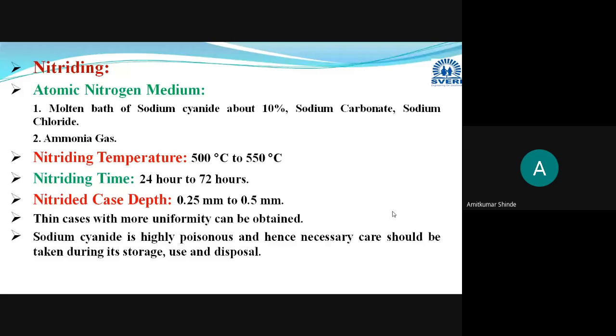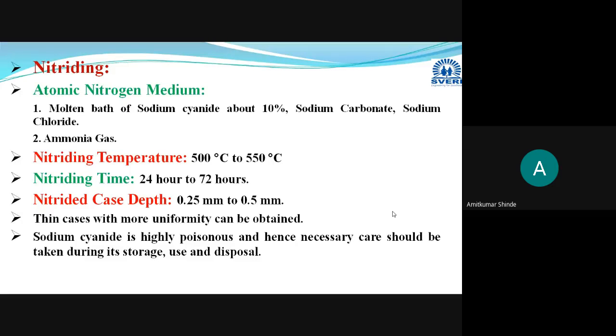Here also we are going to follow the same process. I have highlighted a few important points here, and along with these points, you have to explain the procedure, how to conduct it. First I will explain the procedure. Now, how is the nitriding process conducted?